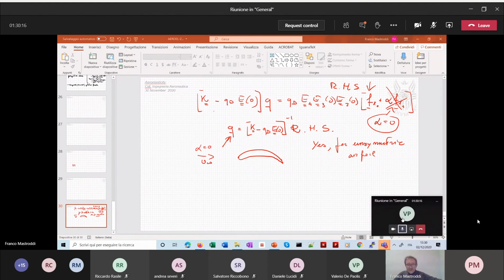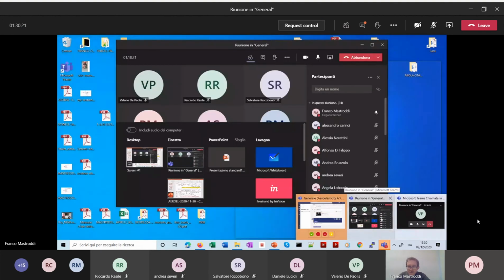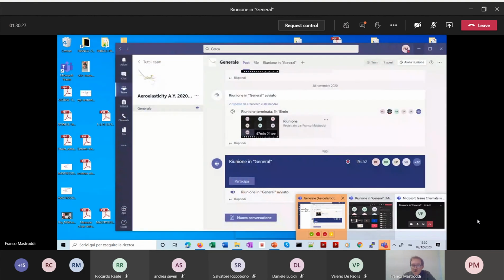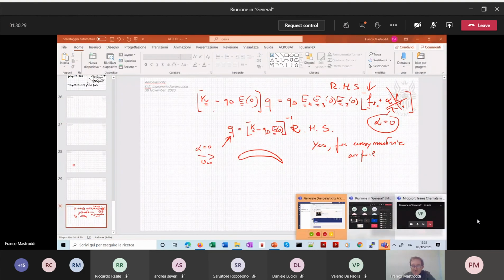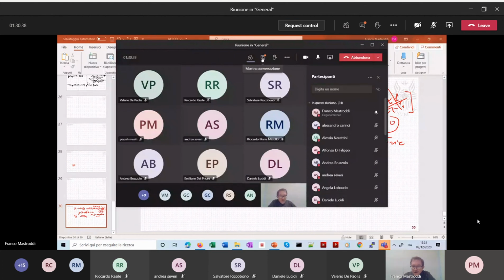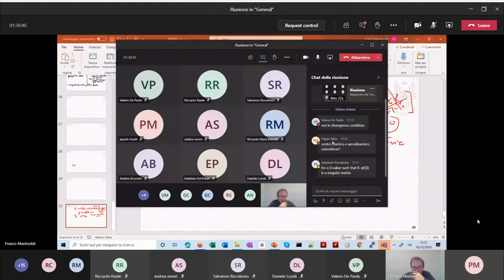Okay, so are you ready for this second step together? Do you have any answer to my question about the capability to solve this algebraic problem or not? Yes, somebody wrote on the chat a u value such that k minus q e0 is a singular matrix.